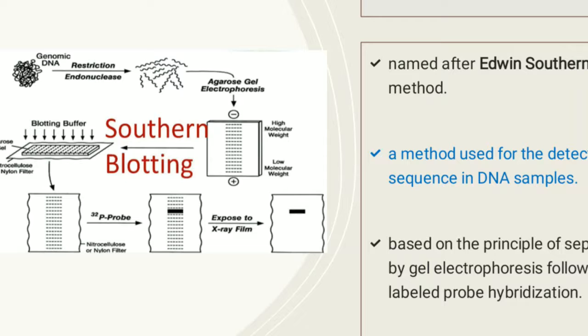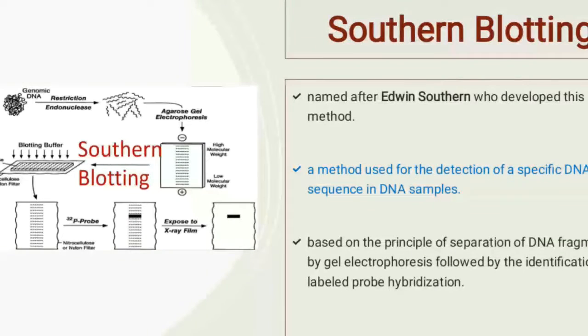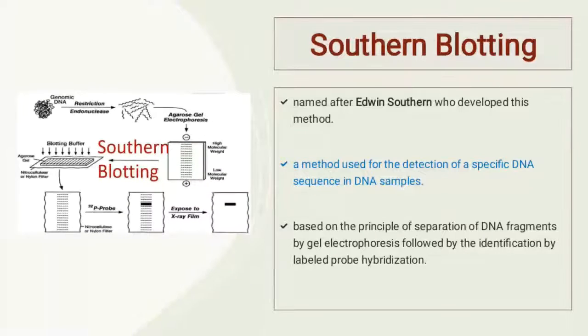So for this purpose, you will have to apply denaturation buffer. Denaturation buffer is applied onto the nitrocellulose membrane so that the DNA becomes single stranded, so that our complementary DNA probe can easily bind to the single stranded DNA.